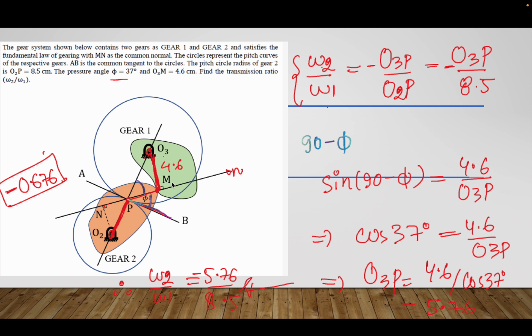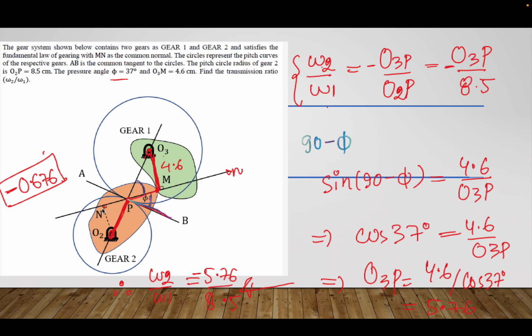Because they are on the same rigid body, so the velocity of these points along the common normal should be the same. Similarly here, the velocity of point N should be equal to the velocity of point C as a part of 2, so I'll call that Vc2n. So they should be the same.